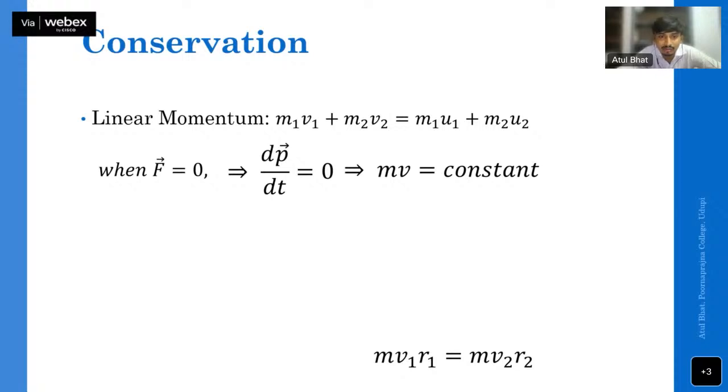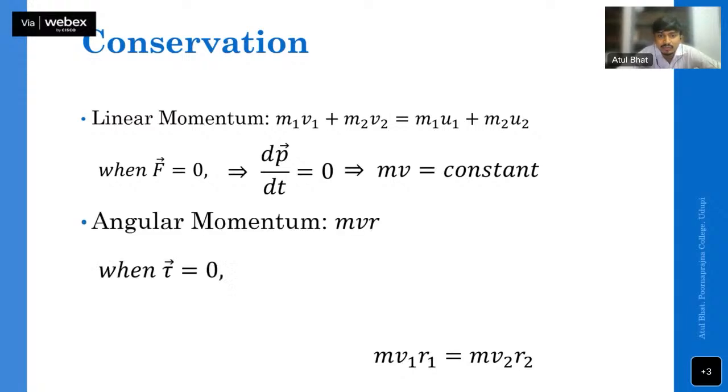So if dp by dt is 0, we say p is equal to constant, or mv is equal to constant. Similarly, in angular momentum, when the torque, we'll call it tau for now, is 0, then the rate of change of angular momentum should be 0. Okay?